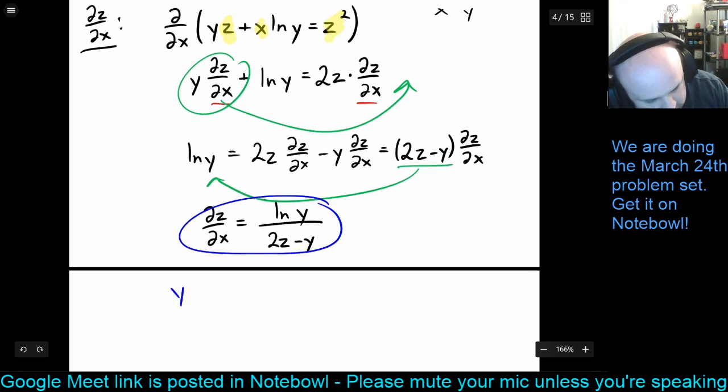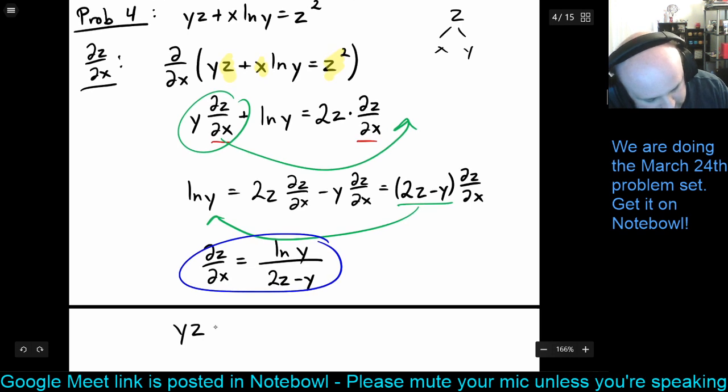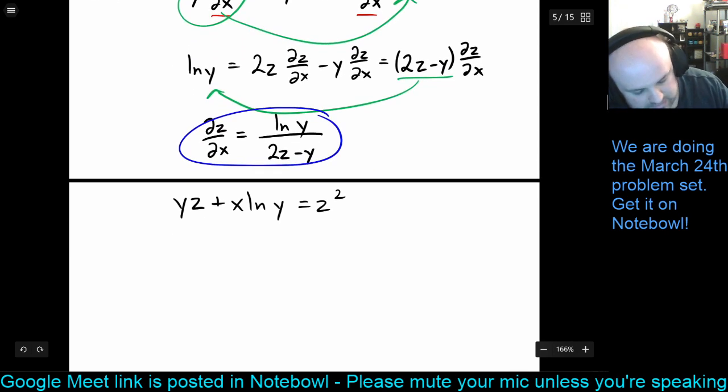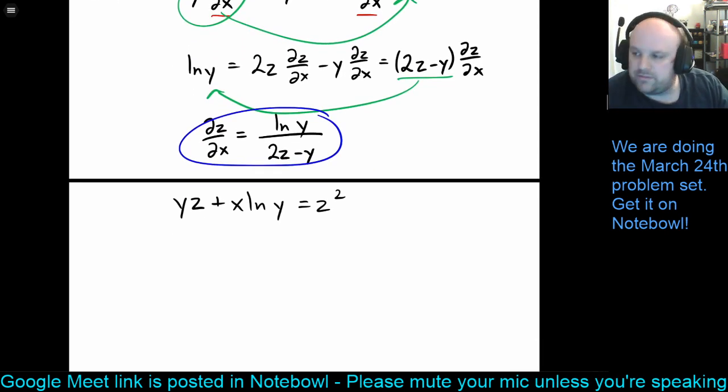So yz plus x ln of y equals z squared. Right, so if we're doing this for the y derivative, we're going to simply just take the derivative with respect to y here.